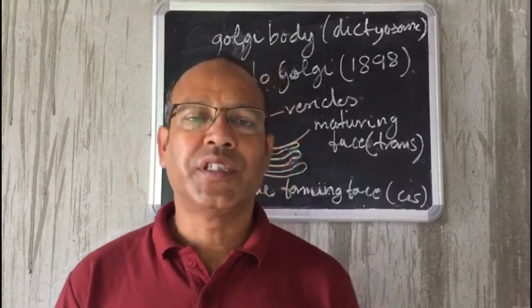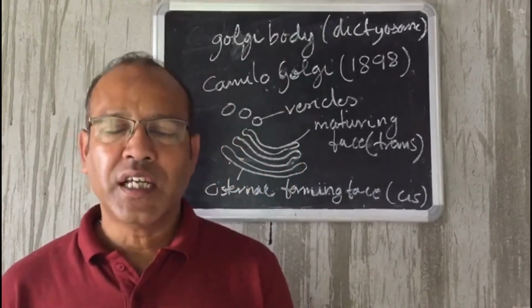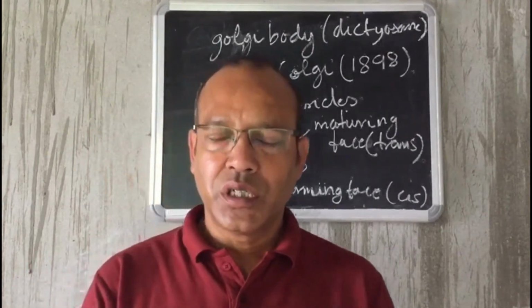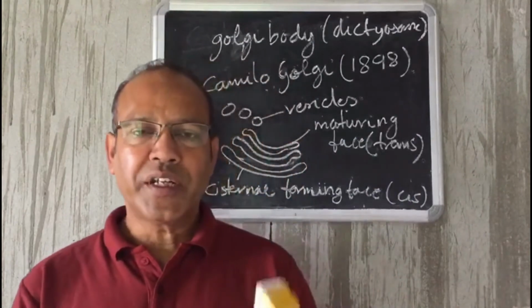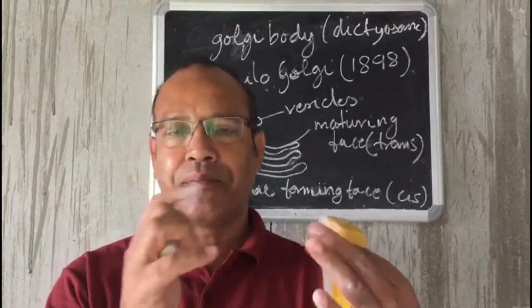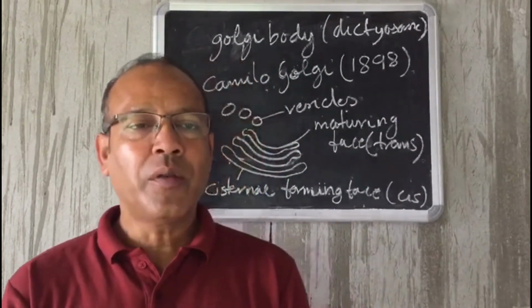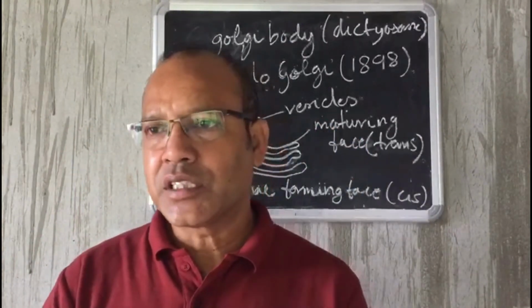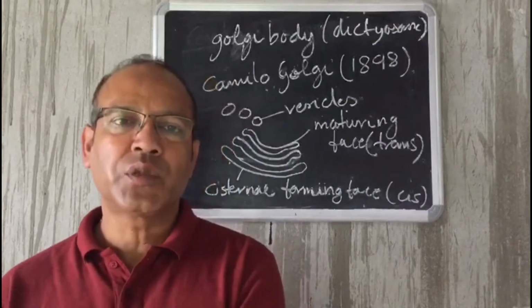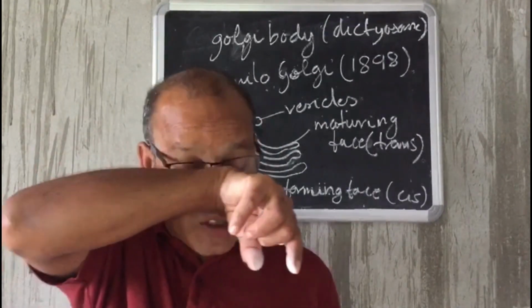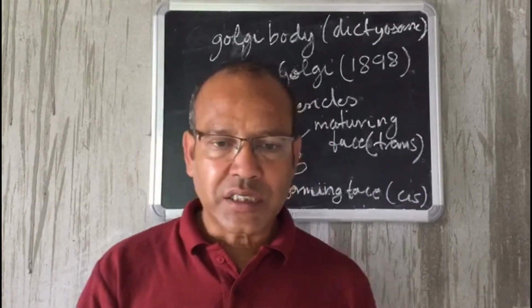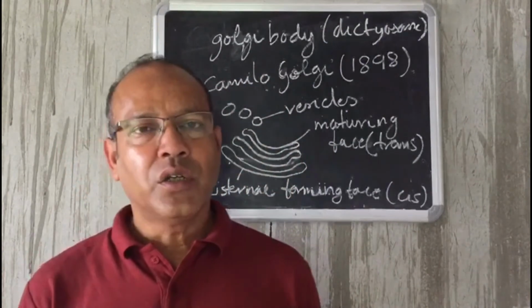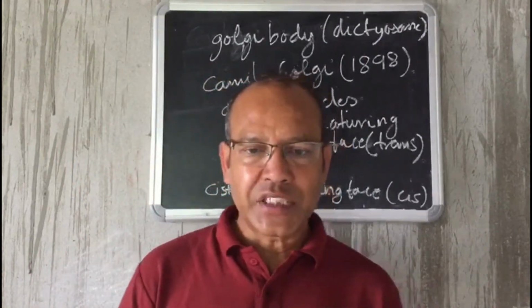Whatever substance needs to be sent out of the cell is first taken to the Golgi body, where it is concentrated and packed in small packets called vesicles, and these vesicles help in the transport of this substance to the place where it is required, or transport of this substance outside the cell. So basically we can say Golgi body is a packaging unit.